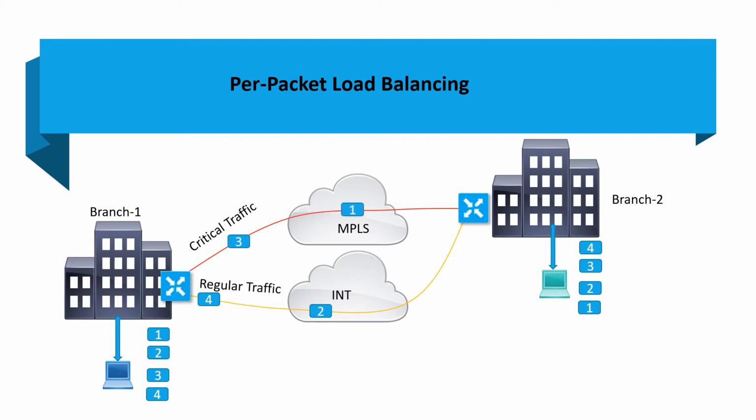My first packet goes over MPLS. Then the third packet reaches the SD-WAN equipment on the remote branch. Then the second packet reaches over the internet infrastructure, and the fourth packet as well. Here what I have seen is that when I'm sending those packets from branch 1 to branch 2, my sequence was 1, 2, 3, and 4.